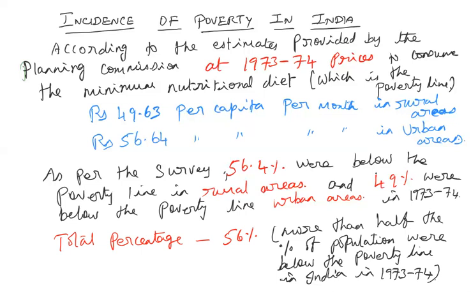Okay. Then moving on to the recent figures, year wise, what is required in the consumption basket keeps changing, and it is all adjusted according to the changes in prices. See, whatever that 49.63 rupees or 56.64 rupees in the urban area is not going to fetch us anything now, isn't it? So in order to consume the same amount of calories, how much a person should consume at present?